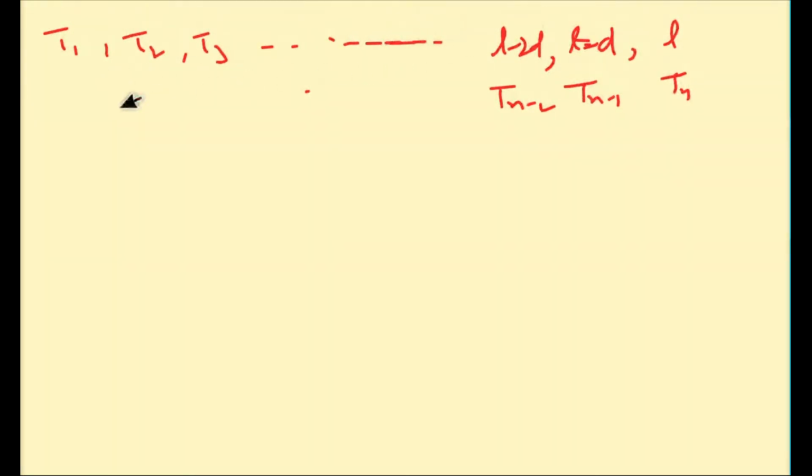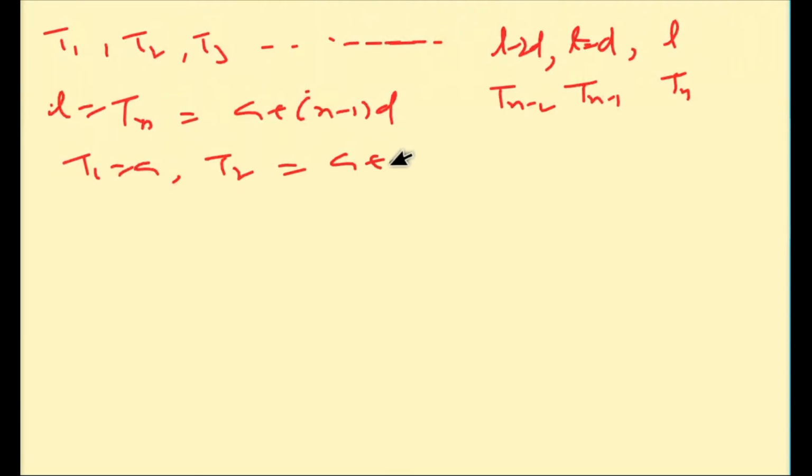How many terms are in this series? L is the Tn term, A plus (n minus 1)D. T1 is A, T2 is A plus D, T3 is A plus 2D, and so on. And from the last, L, L minus D, L minus 2D. Right, student?